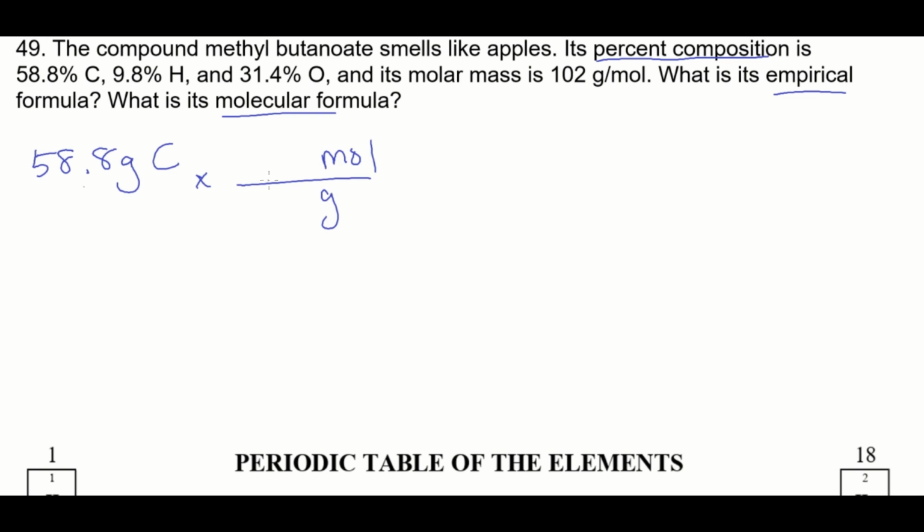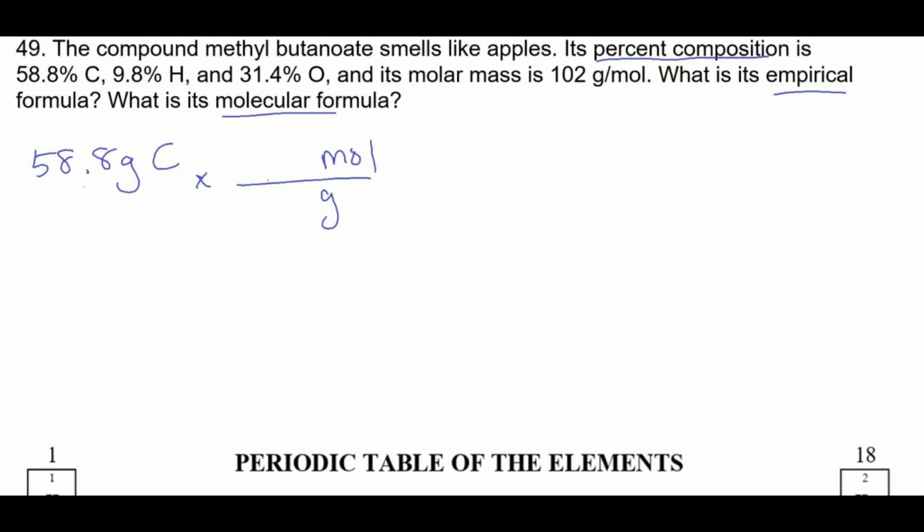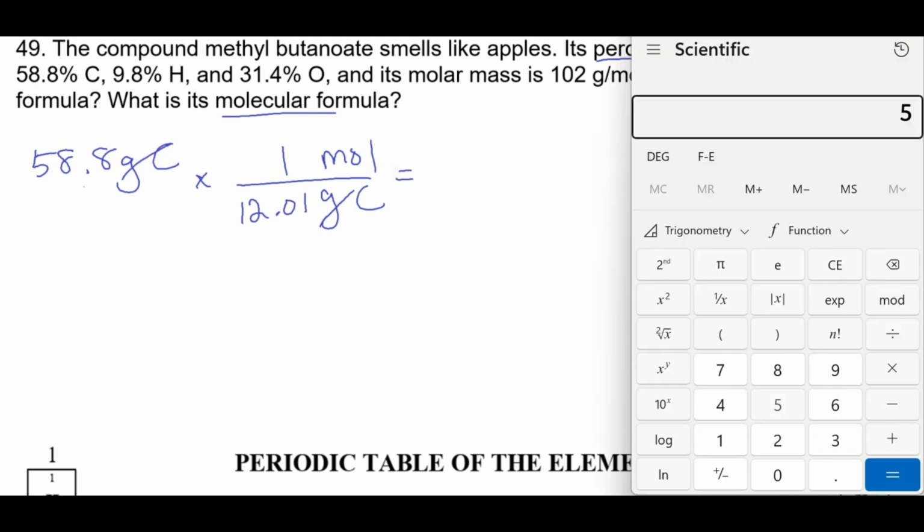And so I got that down here. Carbon has a molar mass of 12.01 grams per mole. Grams of carbon canceled out. 58.8 divided by 12.01.